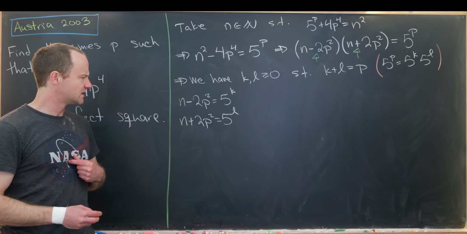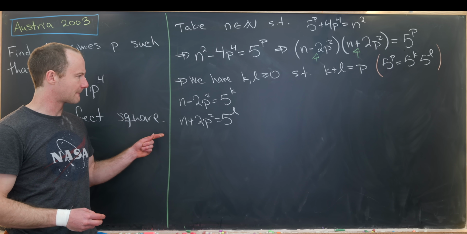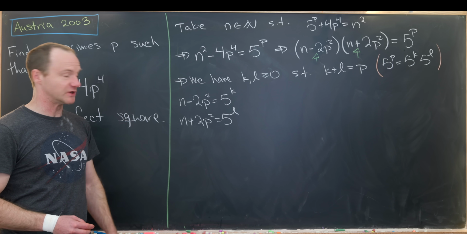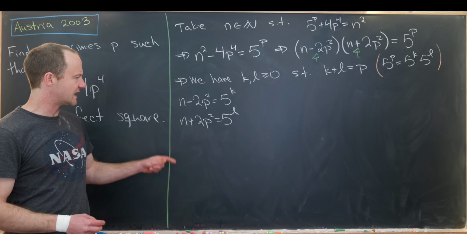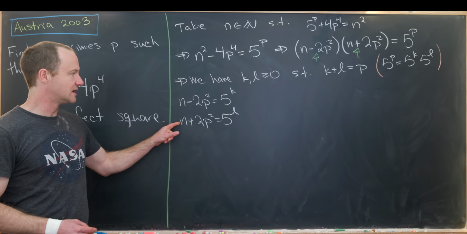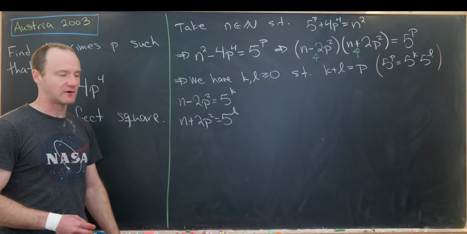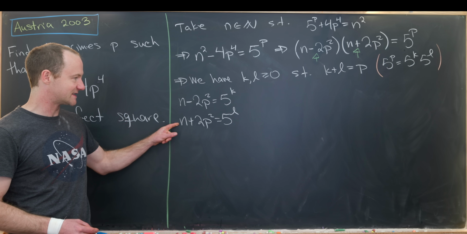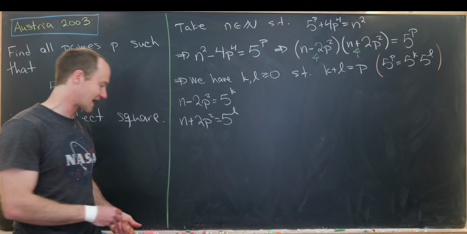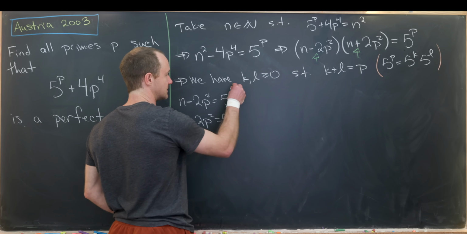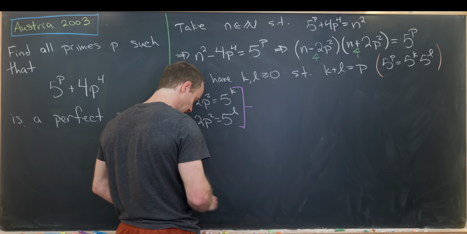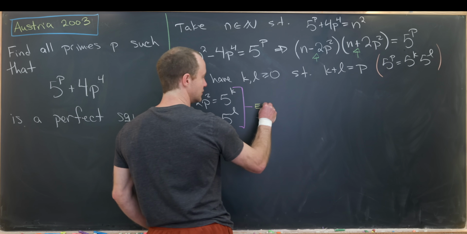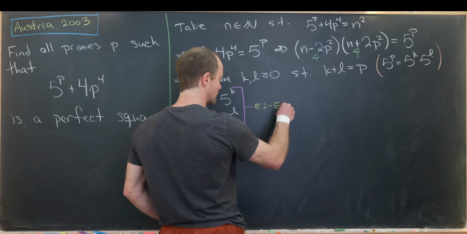Okay, nice. Now, where would we want to go from here? Well, look, we can eliminate some things here if we try. In fact, we can eliminate this n, leaving us with just an equation involving primes, which is pretty powerful. And we can do that by taking this second equation and subtracting the first equation. So equation 2 minus equation 1.